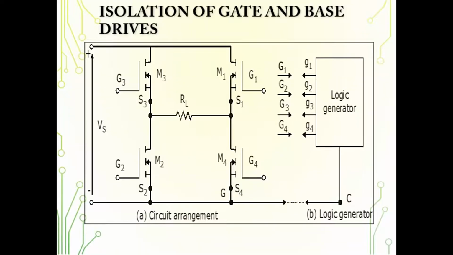So if you look at this, we have an input voltage which is DC, which is applied across the supply terminals. This is the ground terminal and this is an inverter setup. Okay, this is an inverter circuit using MOSFET. So you can observe that each MOSFET has its own gate terminal and source terminal.